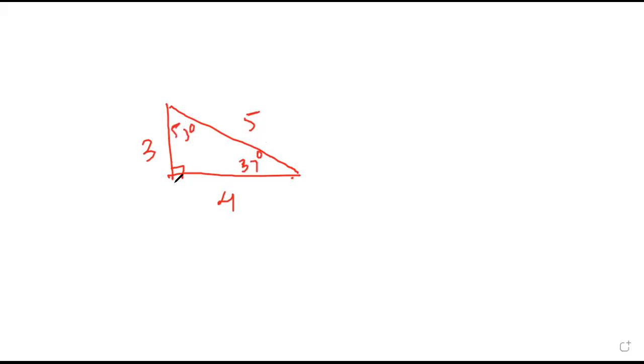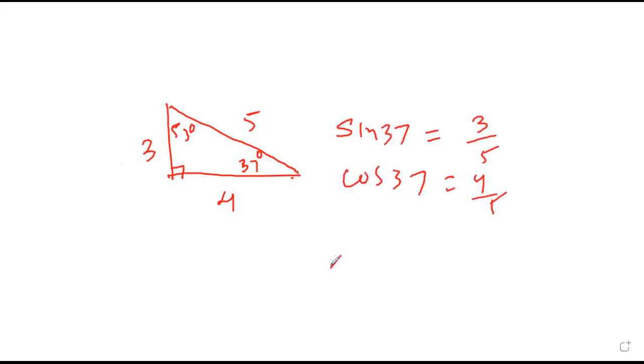So in a 37, 53, 90 degree triangle, the side opposite the smaller angle is 3, the larger angle is 4, and the hypotenuse is 5. So what will be sine of 37? 3 by 5. And cos of 37, 4 by 5. Sine of 53, 4 by 5. Cos of 53 is 3 by 5.